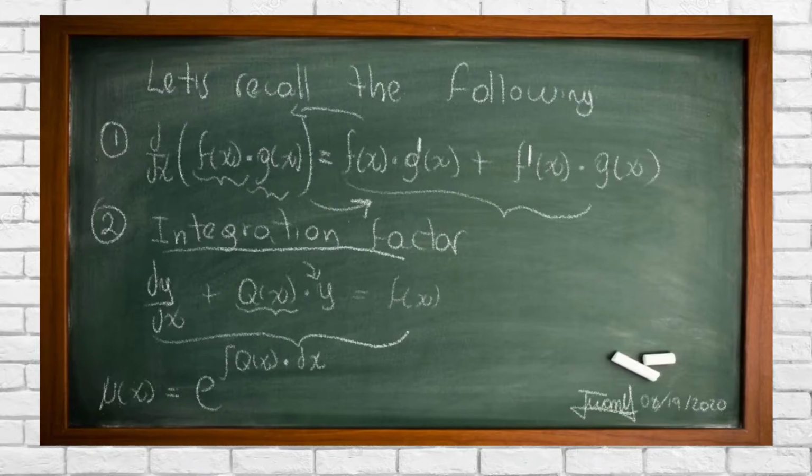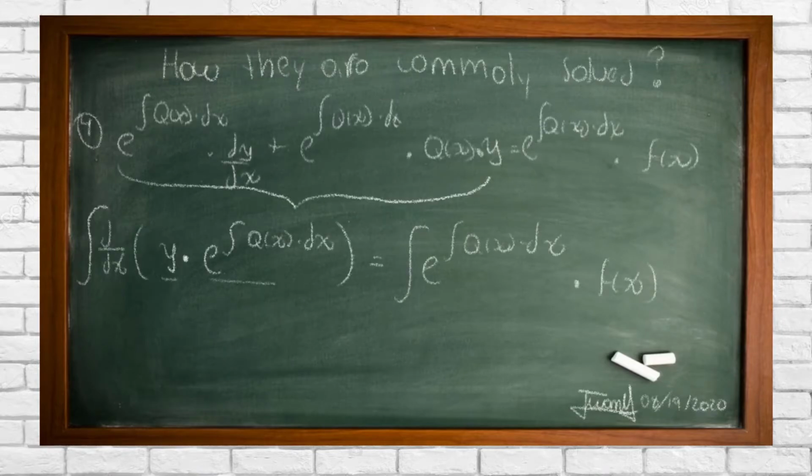Yes, we have a function times the derivative of another function, plus the derivative of the first function times the second, meaning that we can write this equation in this manner. We can write it as the derivative of the function y times the integrating factor, e to the power of the integral of q of x times dx.